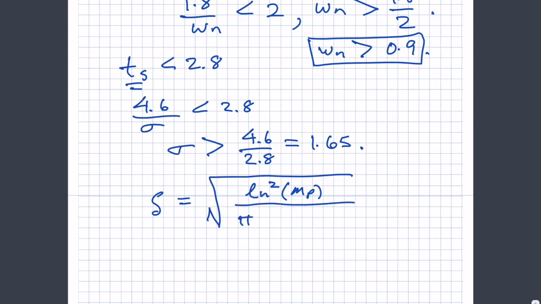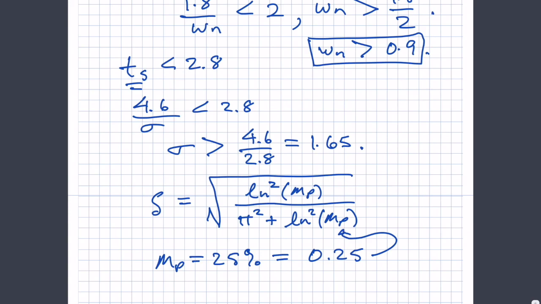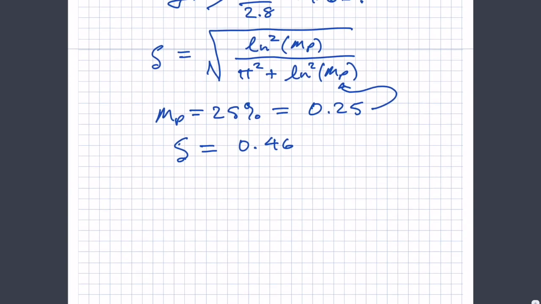We know that MP is 25%, or in this formula, 0.25. So I simply plug in, and you end up with zeta equal to 0.46. Okay, rounding up a little bit.